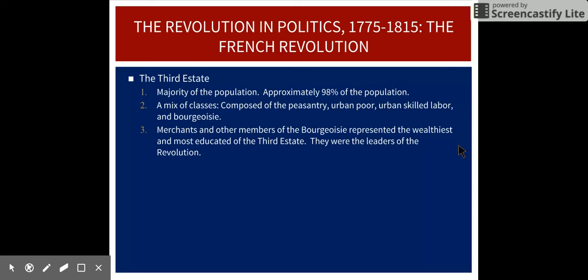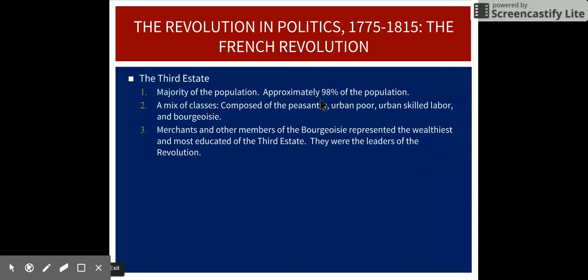So the bourgeoisie was composed of the merchants and lawyers and doctors and professionals and educated people that had money. And by the time we're in 1789, some of these bourgeoisie have as much, if not more, than some people in the nobility. So they're quite wealthy, but they're a smaller portion of the third estate. By far, the bulk of the third estate is composed of peasantry in the countryside, poor people living day to day with no savings whatsoever.